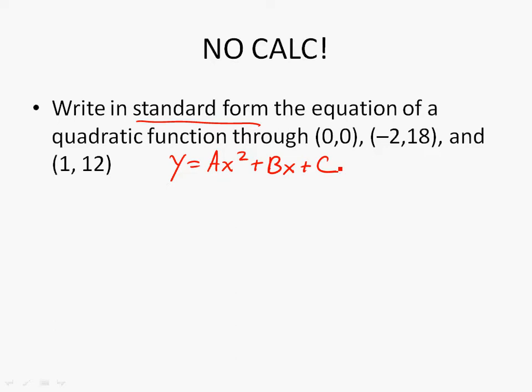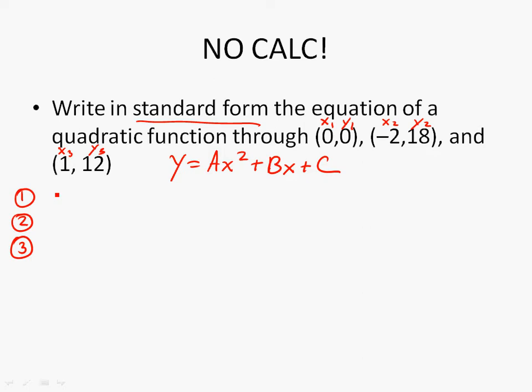Lucky for us, we have 3 points, which I'll call x1 and y1 for the first equation, x2 and y2 for the second equation, and x3 and y3 for the third equation. So for each of the points, we're going to substitute them for x and y, and we'll make 3 equations.